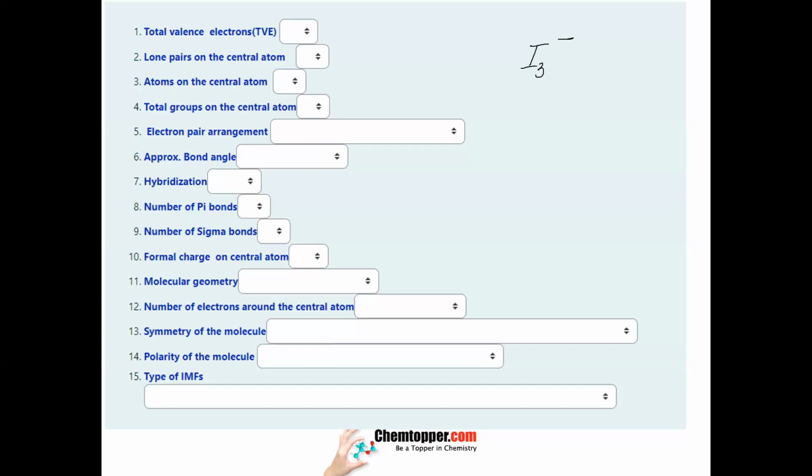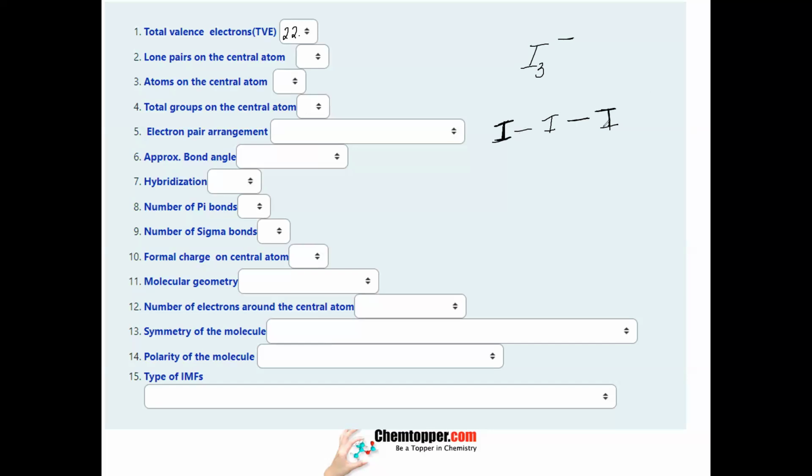Okay, ready? Central element, children. Iodine, skeleton. The other atoms are also iodine. Total valence electrons, 22. Complete the octet of this iodine.